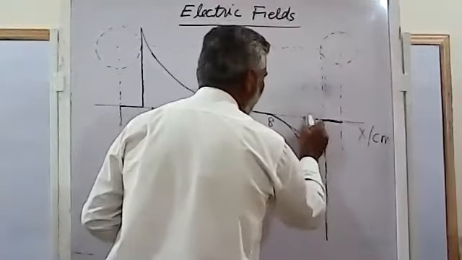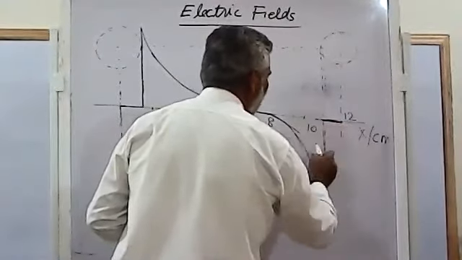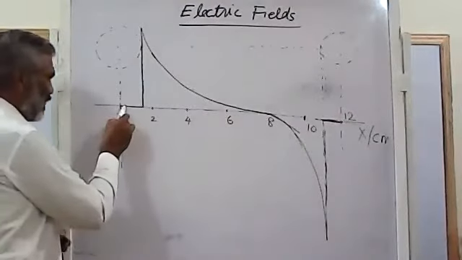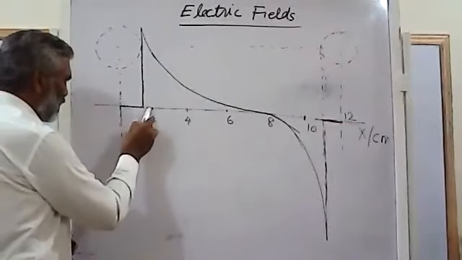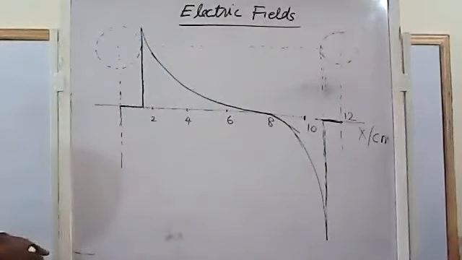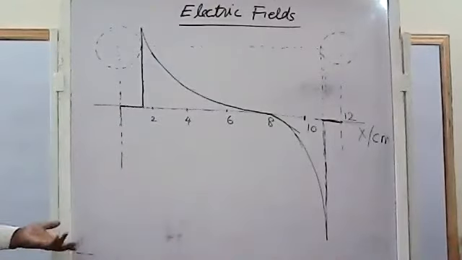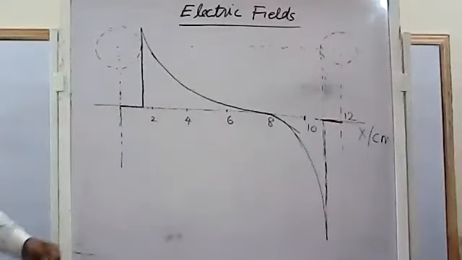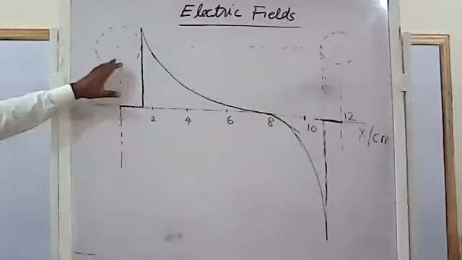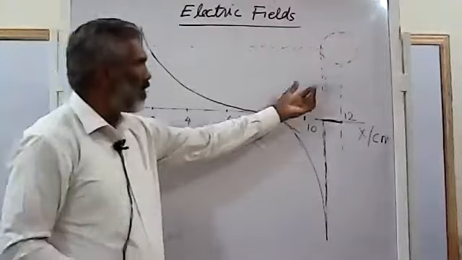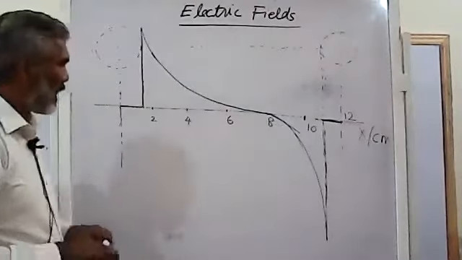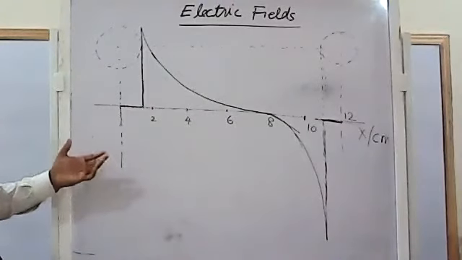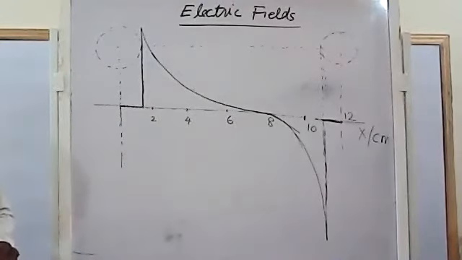So on this scale, clearly I can easily see that this is approximately 1.8, maybe 1.6. If this scale is easily readable, you can find out the radius of this sphere. Similarly, you can find the radius of this sphere. I can also find out where exactly the two fields cancel.